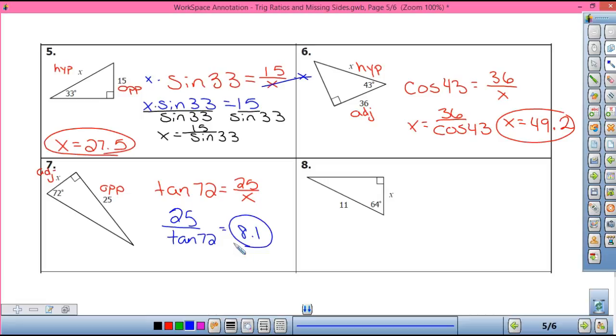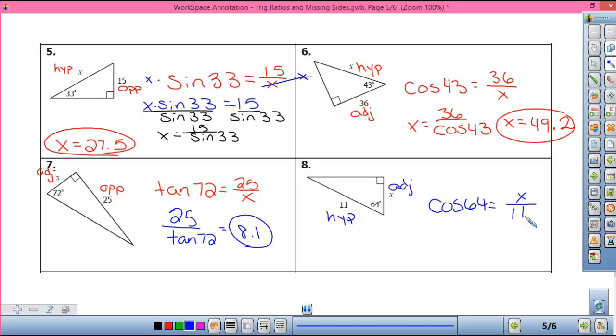Okay, so you need a little time to finish 8. Okay, let's finish 8 then. You guys get cosine of 64 equals x over 11?